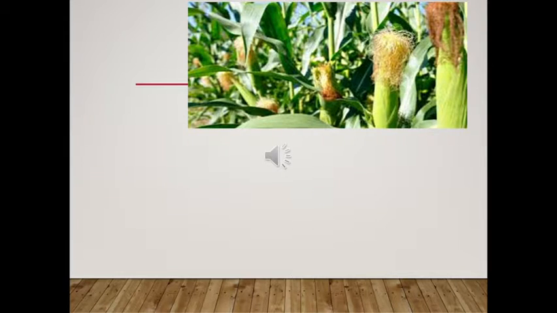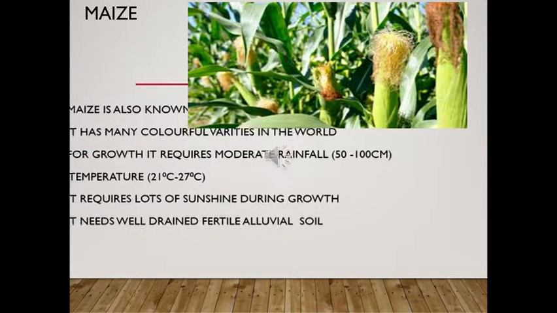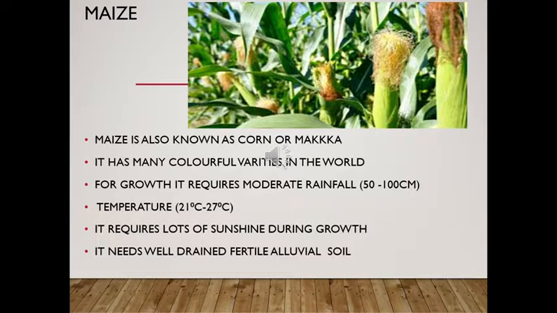Maize. Maize is known as corn or maca. It has many colorful varieties in the world. For growth, it requires moderate rainfall, 50 to 100 centimeter, and temperature 21 degrees centigrade to 27 degrees centigrade.